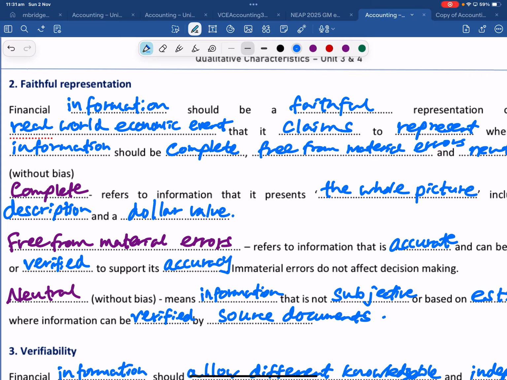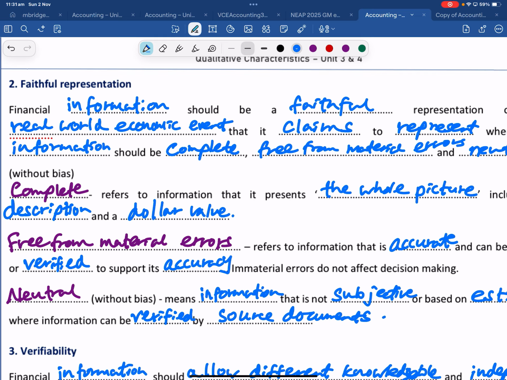Like current economic events, happening right now? Yes. Whatever happens in reality should be reported in the reports. That's the real world economic event.